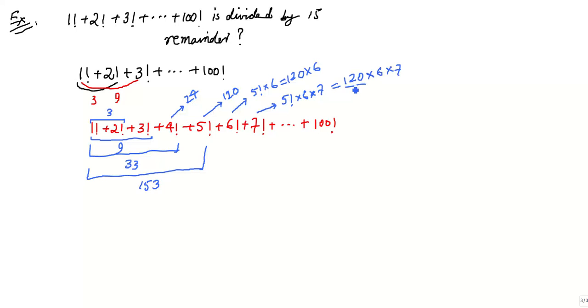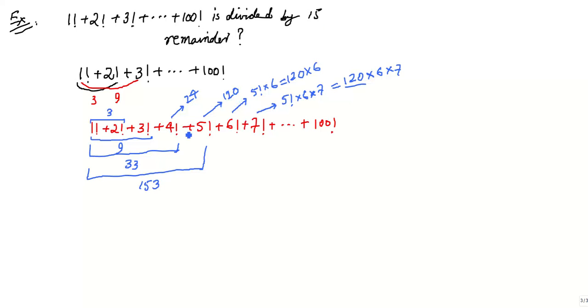Again this 120 is divisible by 15, so the remainder will become 0. It means after 5 factorial every term has 120 as a factor, and hence is divisible by 15.